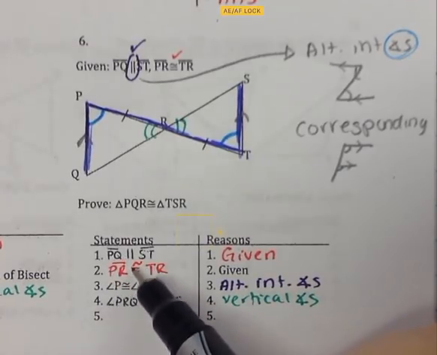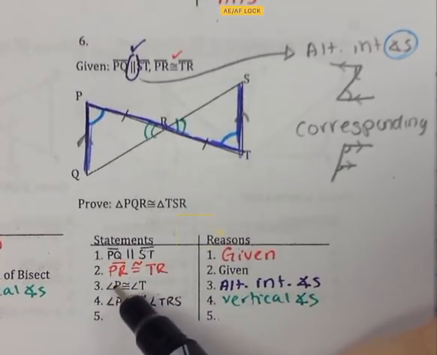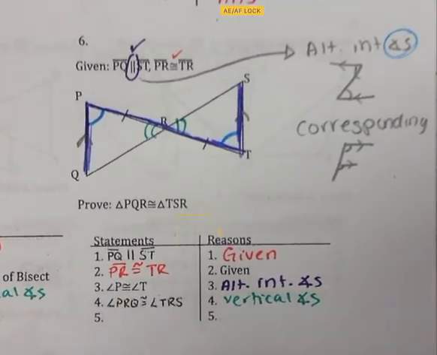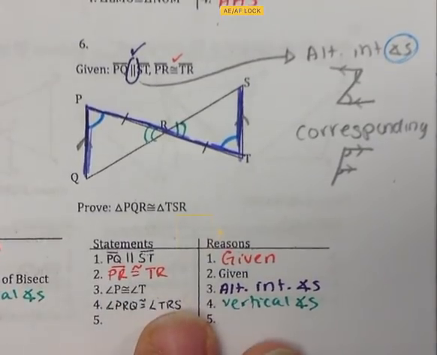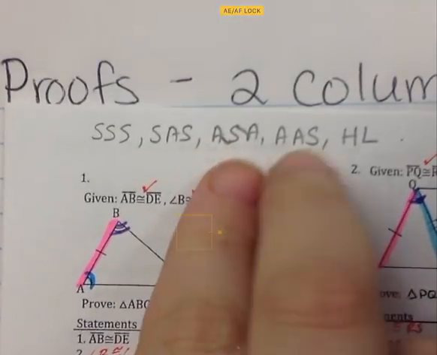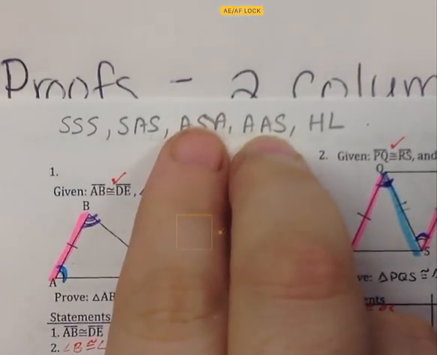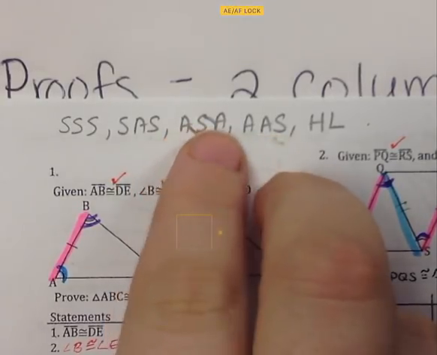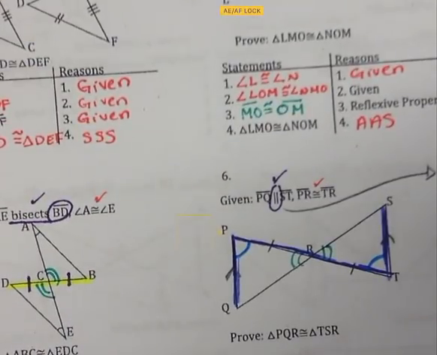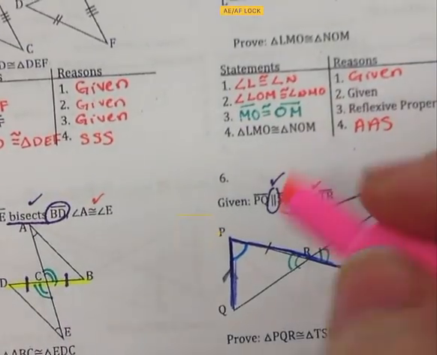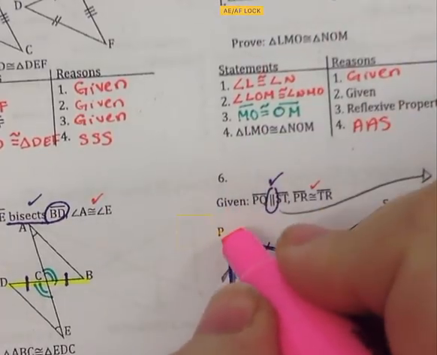This is a segment, so it's an S, an A, and an A. So 2 A's, 1 S. We've got to figure out if the congruent side is touching both sets of angles or just one set of angles. So our congruent side is right here.